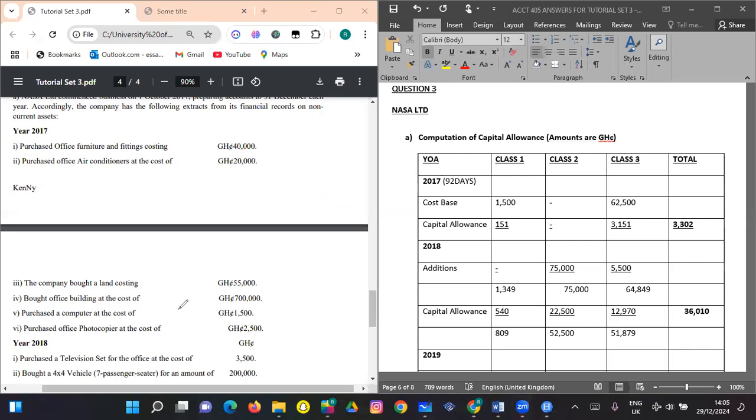Computers will be in Class 1. Office building will be in Class 4.